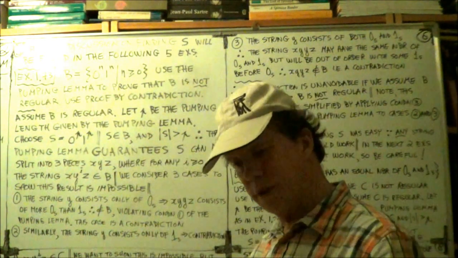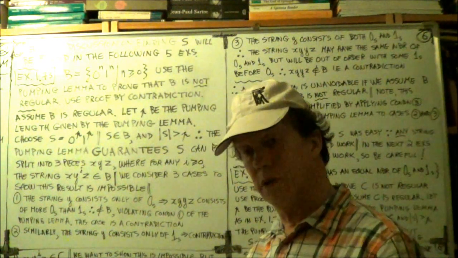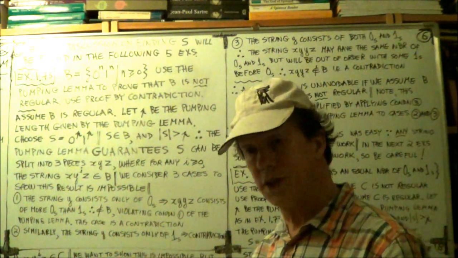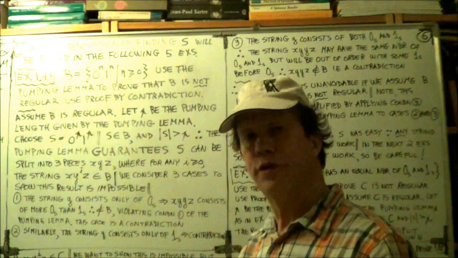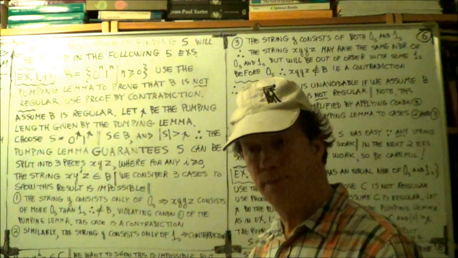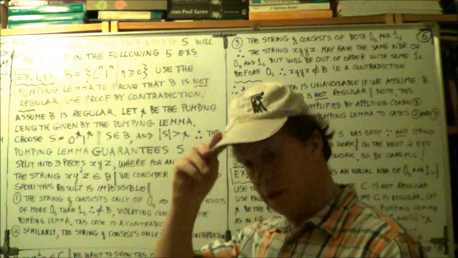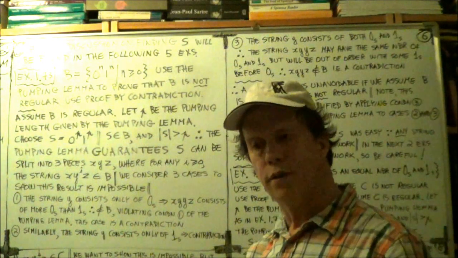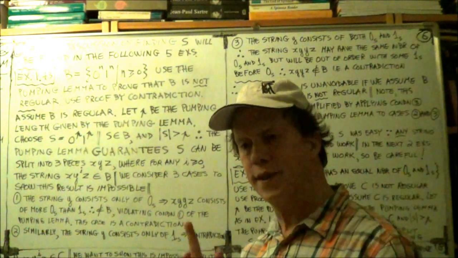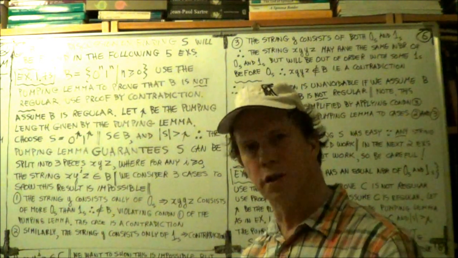Now, in all 5 of these examples, we use the proof strategy that we discussed in chapter 0, and that proof strategy is proof by contradiction. So we're trying to prove B is non-regular. If you're going to use a proof by contradiction, you start with the opposite of what you're trying to prove.